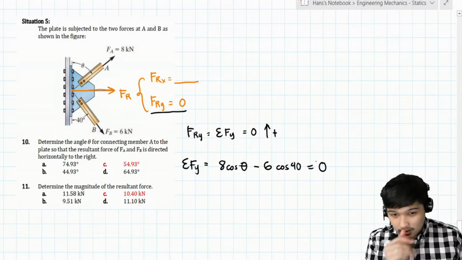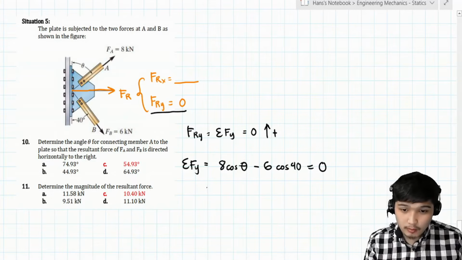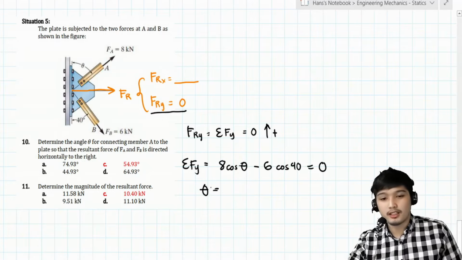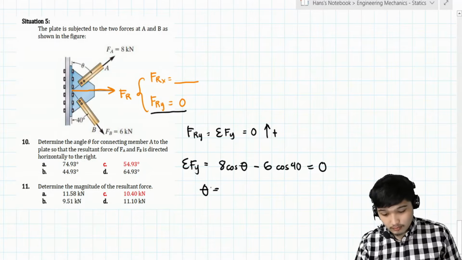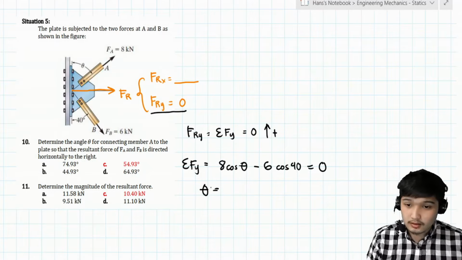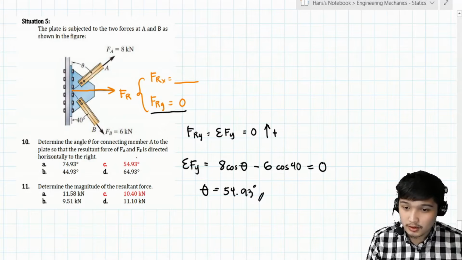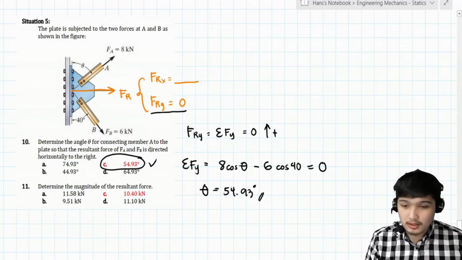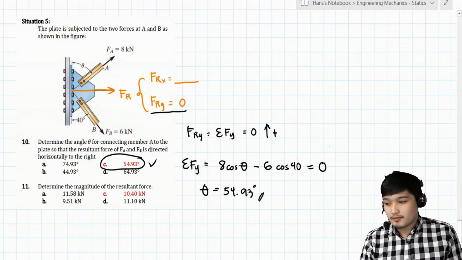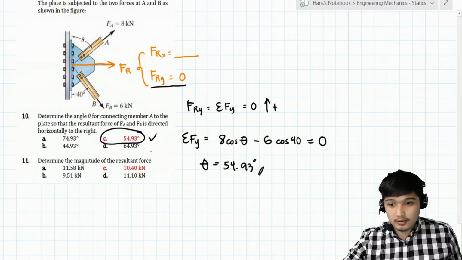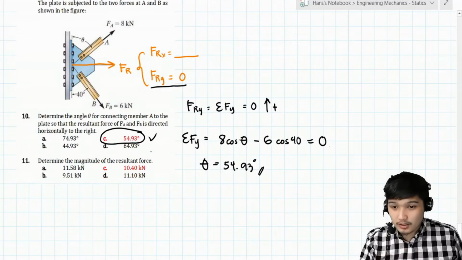So with that, isa lang yung unknown, yung angle theta. Solvable lang theta. Ilan ang angle theta na yan, class? Okay, so sagot is 54.93 degrees. So very simple. So sagot is letter C. Okay? Next is determine the magnitude of the resultant force.